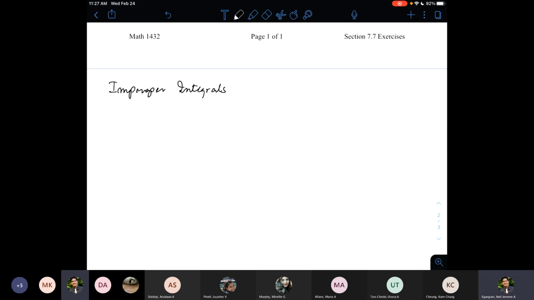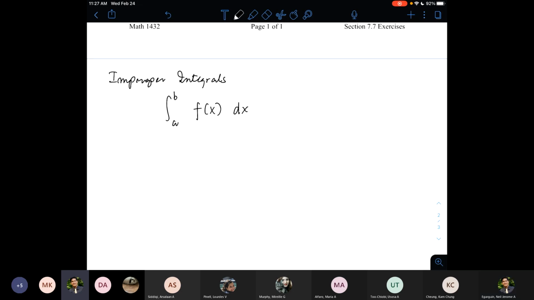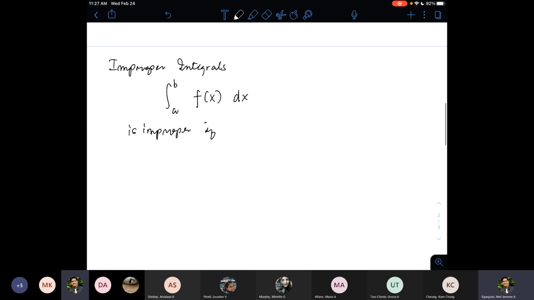So basically, there are two causes of an integral being improper. If you have an integral from a to b of f of x dx, this is improper if either of the two conditions happens. Number one, if f is discontinuous at some number in the closed interval [a, b].